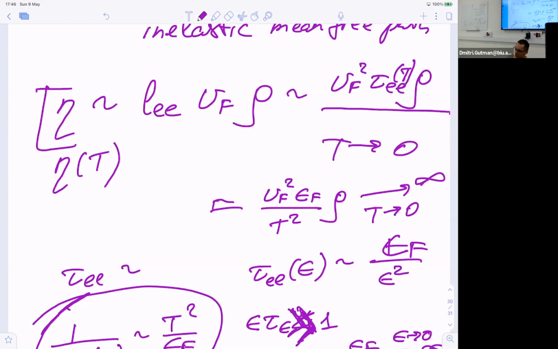You look at a system of weakly interacting particles. The viscosity is always proportional to the mean free path. The mean free path always diverges as you lower the temperature, and therefore the viscosity of the quantum fluid always diverges at low temperature. It may seem paradoxical and very counterintuitive. You're not the first people to be puzzled by that.